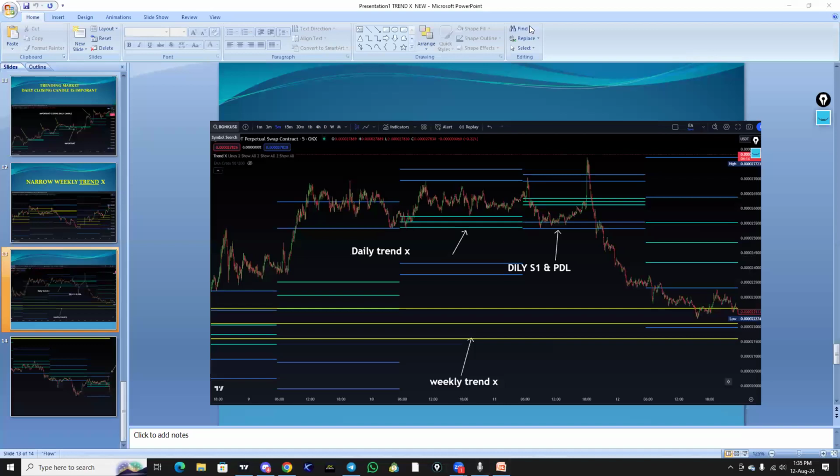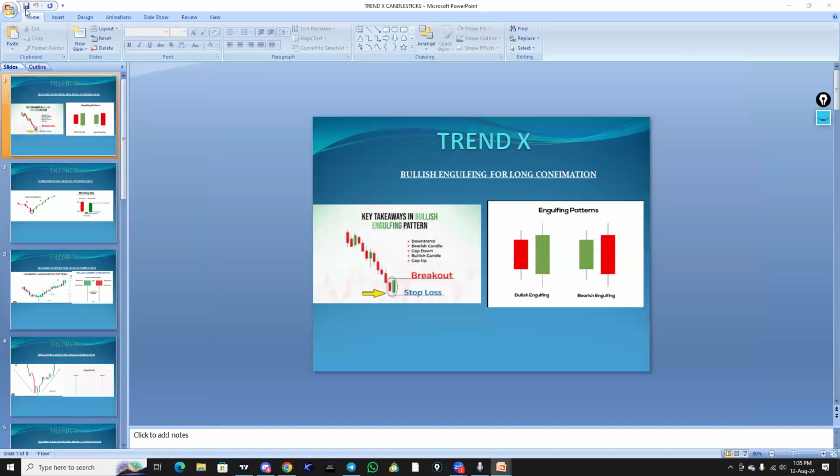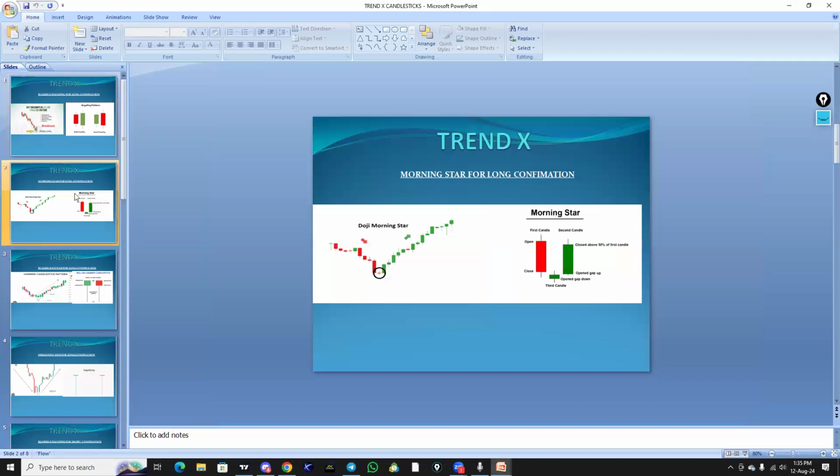Now remember, the three candles I'm showing apply the same for everything here. The second one is a morning star. We can see very clearly how the morning star candle looks. We usually wait for it to come near a support.